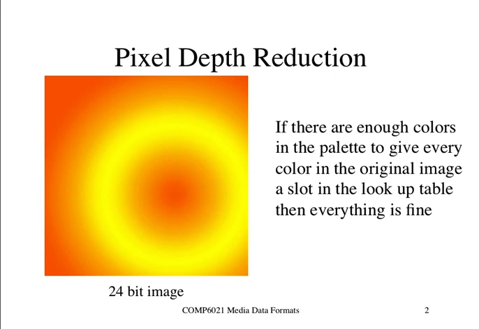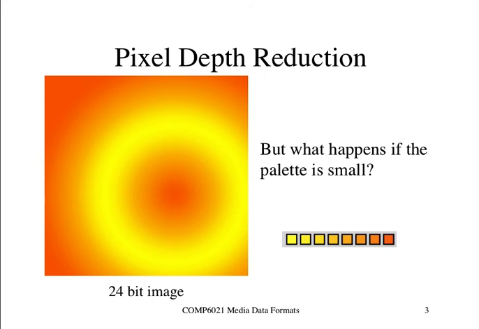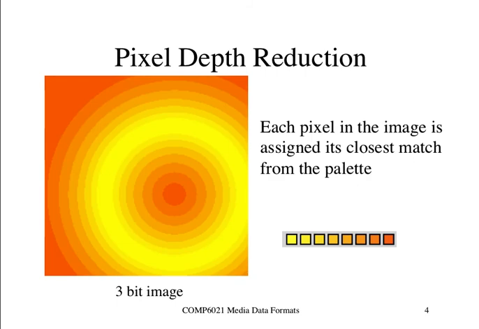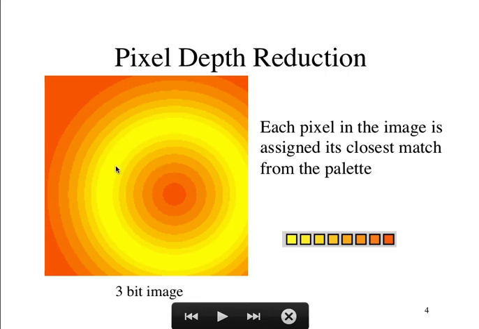So again, this is a contrived example here. When you have a small number of colors in your image and then you reduce the number of colors using indexed color, that's fine. But if the palette is really, really small, then you get this problem here. There was an intermediate shade of orange between here and here, but it was forced to pick.